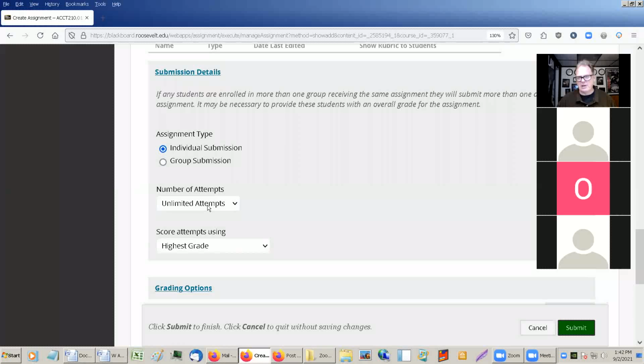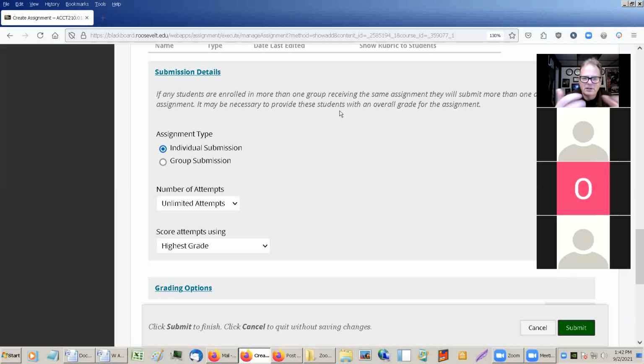Unlimited attempts, you can put in as many as you want. You can submit one file or ten files or fifty files. Don't submit fifty files, but you can. And if you submit the wrong thing, you can go ahead and submit the right thing. It's not that big a deal. I generally go to the last one and look at that anyway.